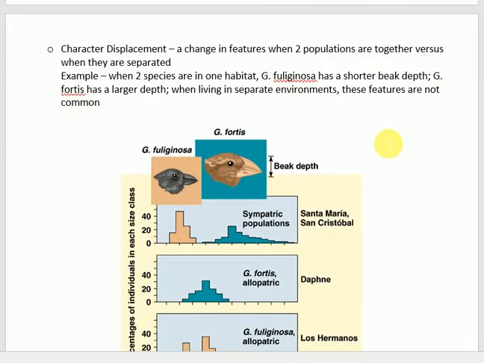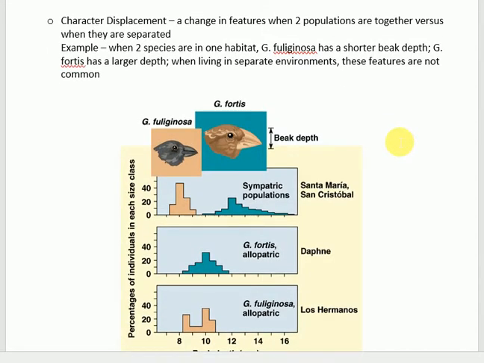Something else to know is called character displacement, and this is a change in features when two populations are together versus when they are separated. So for example, when two species are in one habitat, this bird right here, the Fuliginosa, has a shorter beak depth, whereas the fortis has a larger depth.